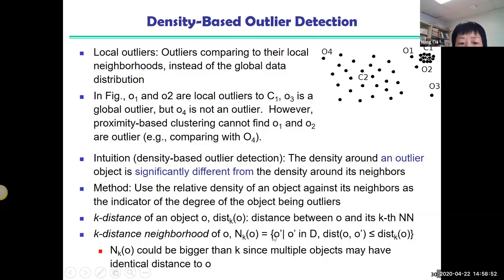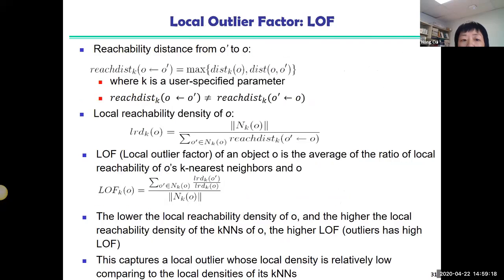So all the objects closer to O than its K-th nearest neighbor are within the K-distance neighborhood. And N_K could be bigger than K, since multiple objects may have the identical distance to O. So it's not strictly smaller. That is a very minor detail; you really don't need to know.